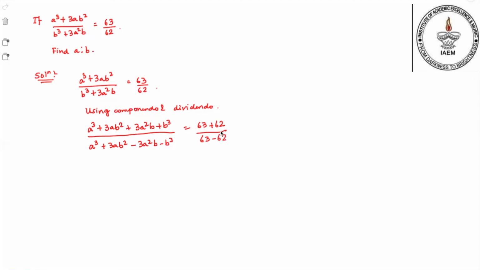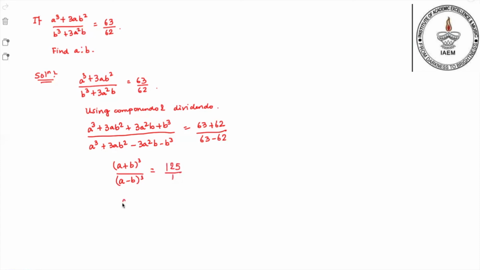What was the advantage of using componendo and dividendo here? You see, the numerator a cube plus 3ab square plus 3a square b plus b cube is effectively (a plus b) whole cube. The denominator a cube plus 3ab square minus 3a square b minus b cube is effectively (a minus b) whole cube. And this is coming as 125 by 1.